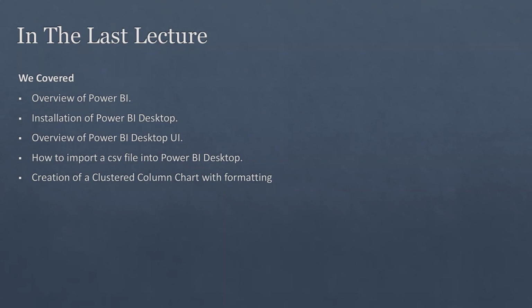The first one was the report view, where you actually create the visuals. The second one was the data view, where you can view the tables that you have imported into Power BI Desktop. And finally, there was the third view where you can see the data model and create relations.